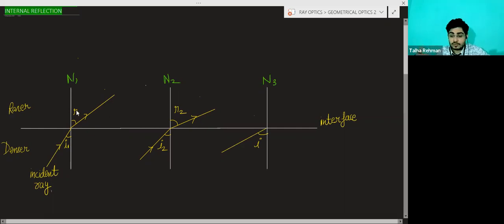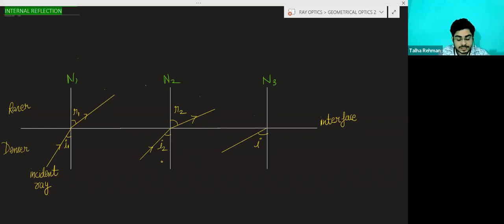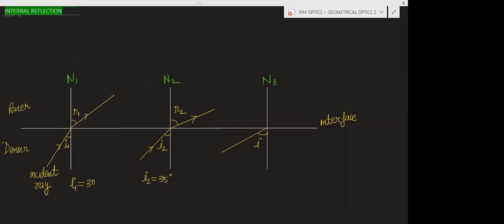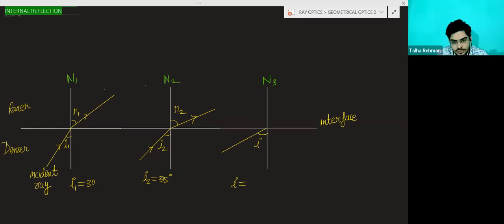For example, just as an example, suppose this I1 is 30 degree and this I2 you have taken as 35 degree, so you are increasing the angle of incidence. Now you increase the angle of incidence, suppose to 42 degree.